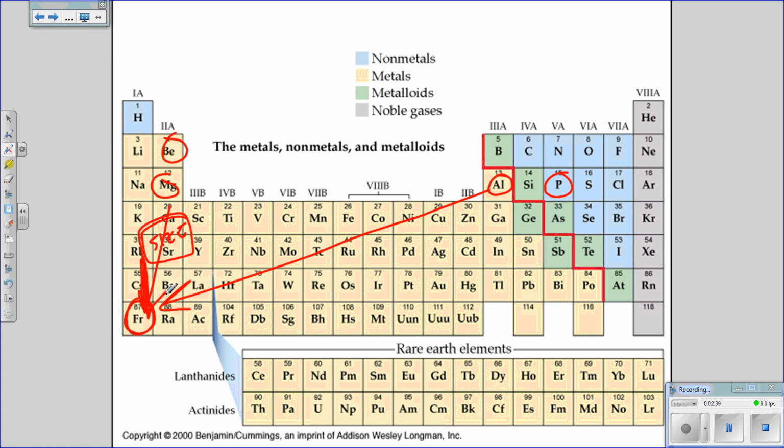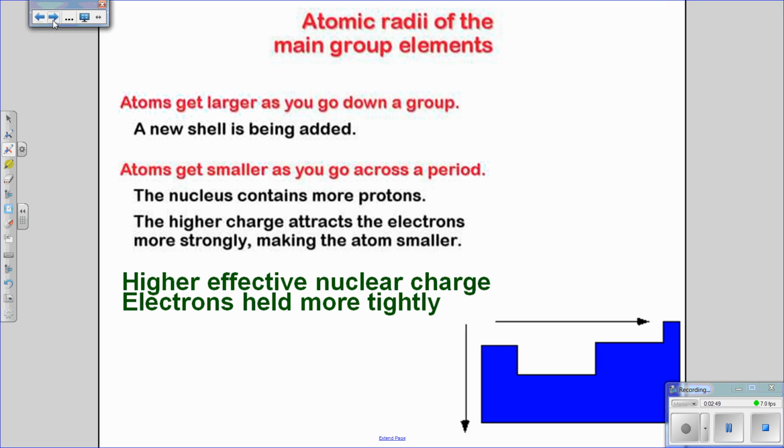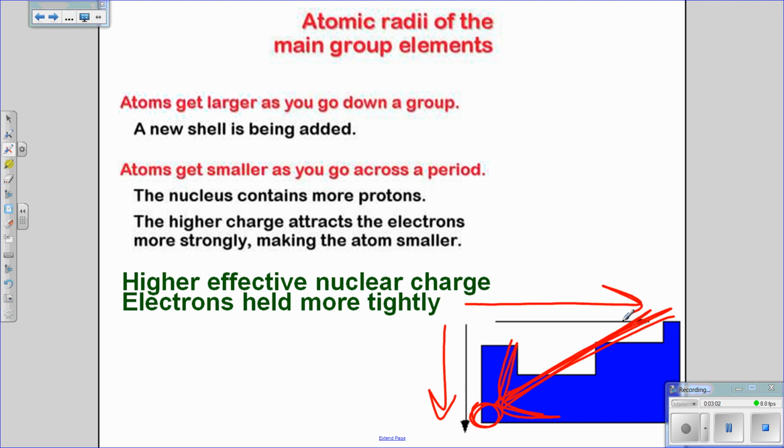If you just remember the largest one and then use that as your reference point, beryllium would obviously be smaller than magnesium. So the overall trend for atomic size, basically, since the largest element, francium, is there, the overall trend for size, if you had to draw a sketch and arrow like I asked you to do, is size increases as you go down, or as you go left to right, it decreases.